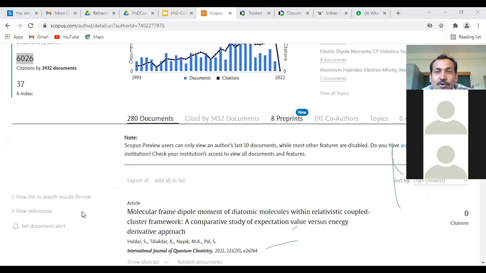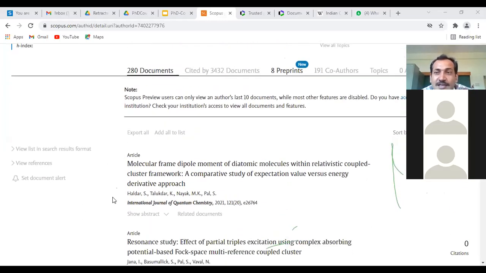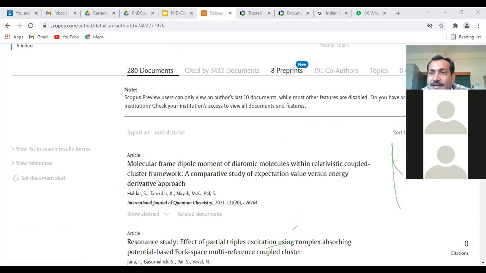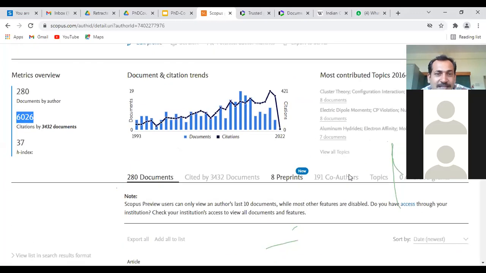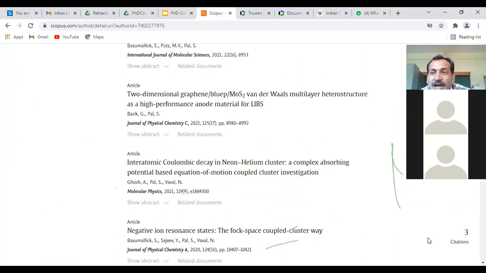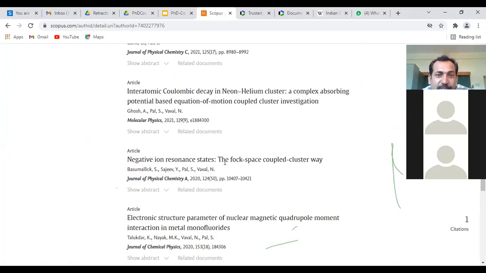Now, if I go below and see in detail what the citations are, I will see all these papers listed here and their citation counts are given. Since it is a free version, I cannot arrange it citation-wise, but we can see how many citations this recent paper got. That can be seen here.